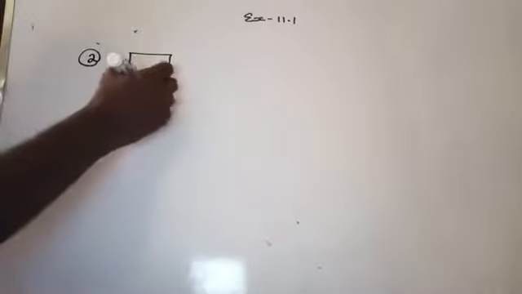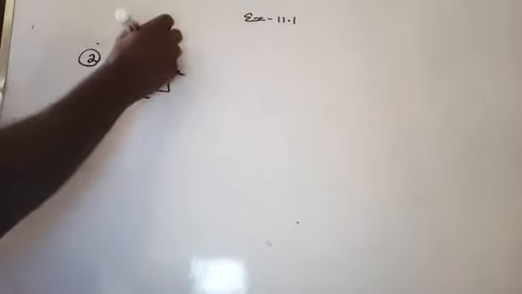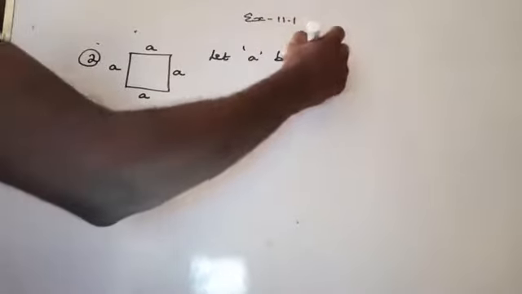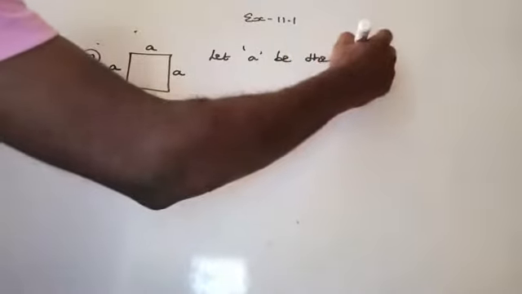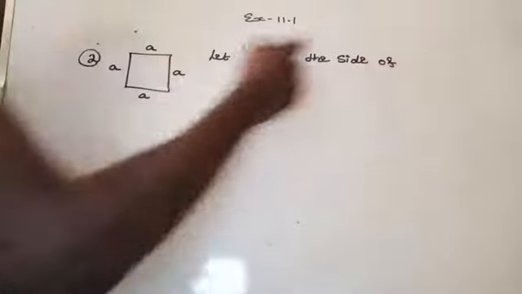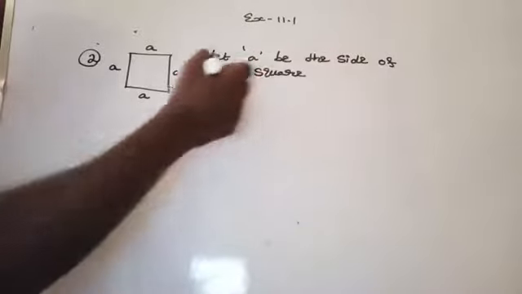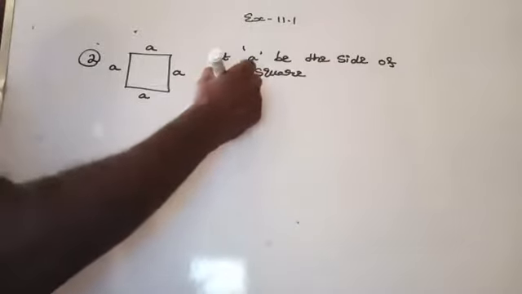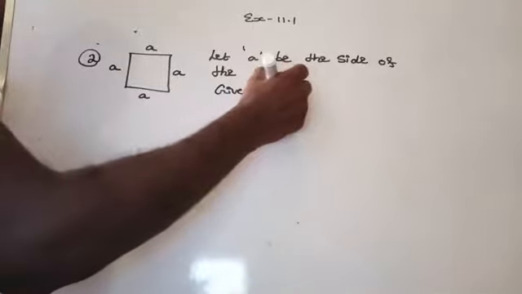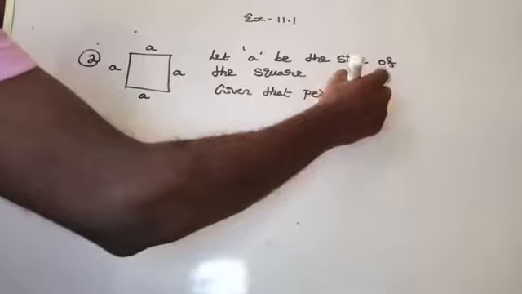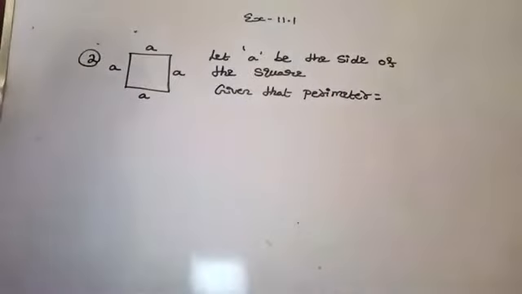Here we don't know the side of the square. Let A be the side of the square. Given that the perimeter is 320 meter.